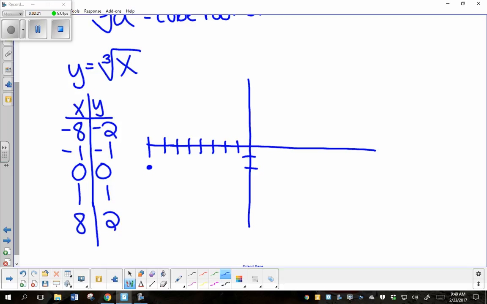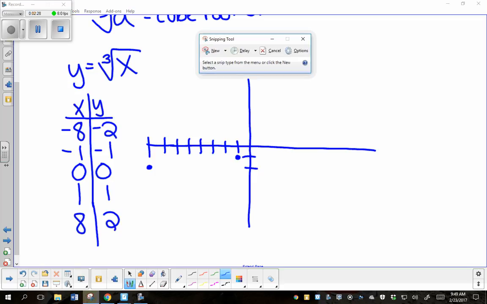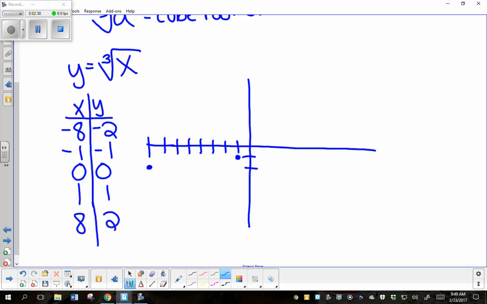If x is -1, y is -1. So we go all the way over to right here. There's gonna be points in between, but that's the next whole number I could do. And then 0, 0, and then 1, 1, and 8, 2.